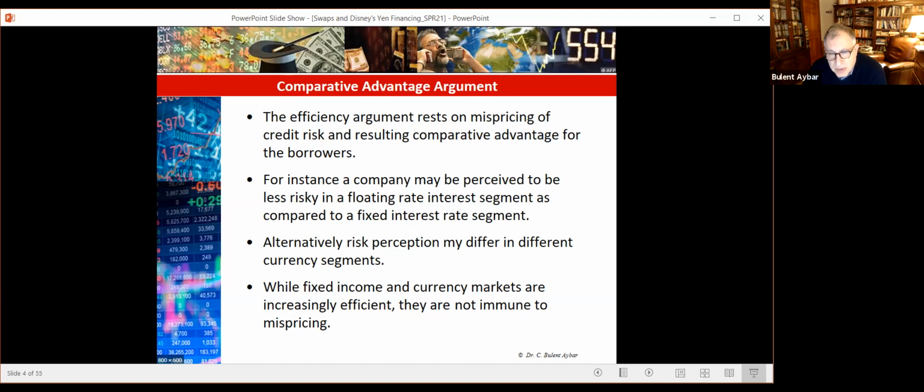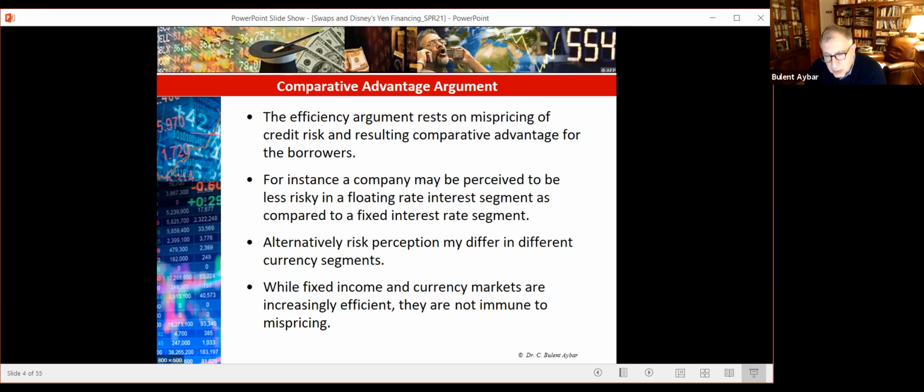For instance, a company may be perceived to be less risky in a floating rate interest segment as compared to a fixed interest rate segment. So this is a prime example of a mispricing across these two segments. Something similar might happen also in different currency segments.